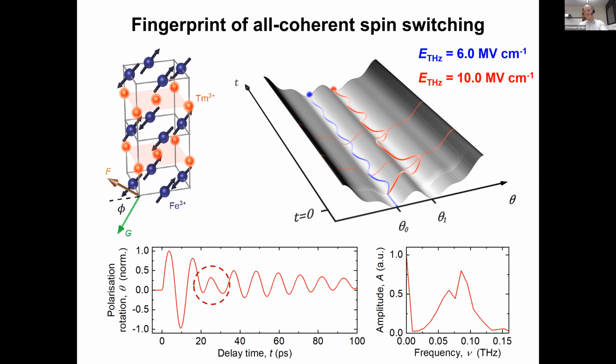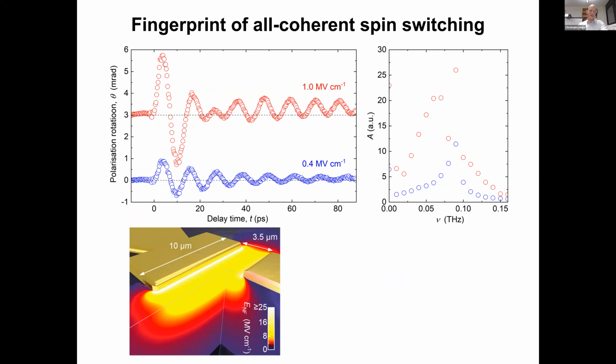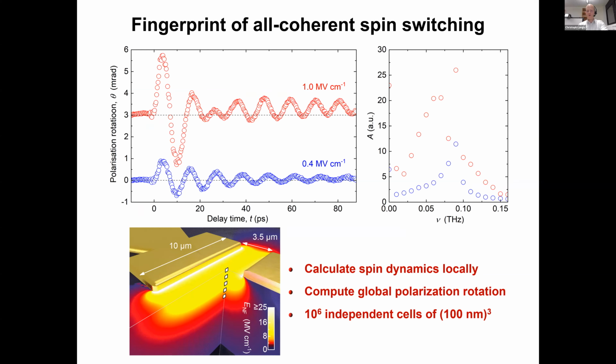But this is now where the near field calculation of the antenna came in very handy again, because now the next calculation that we performed took into account the near field calculated on a very small scale, on a 100 nanometer scale, with very high precision, and enabling us to calculate those spin dynamics as I just showed you for a single spin for the entire near field volume, for the entire structure, in fact.